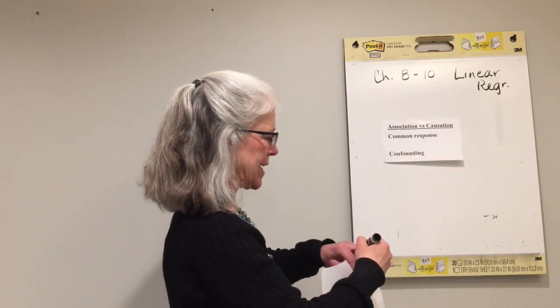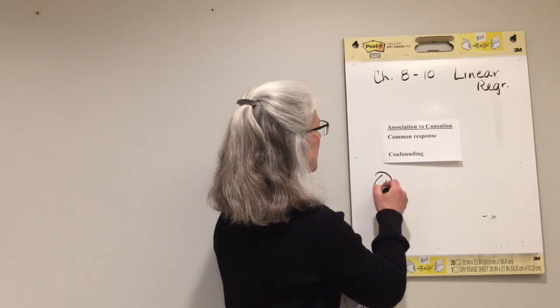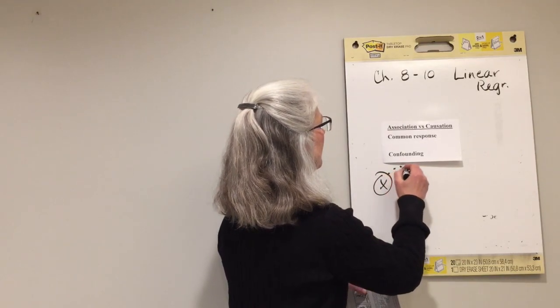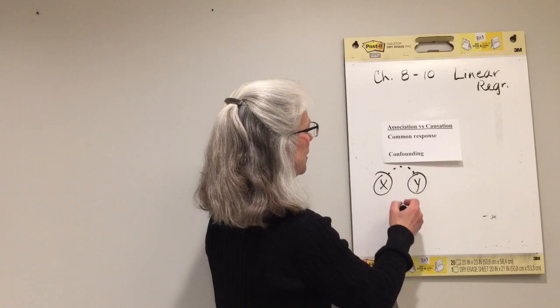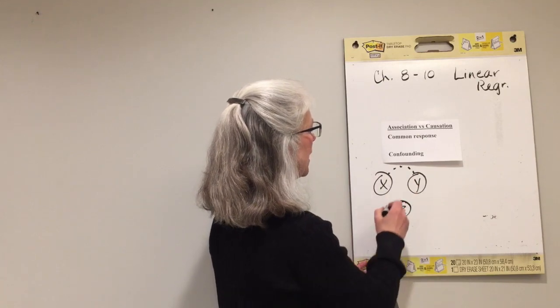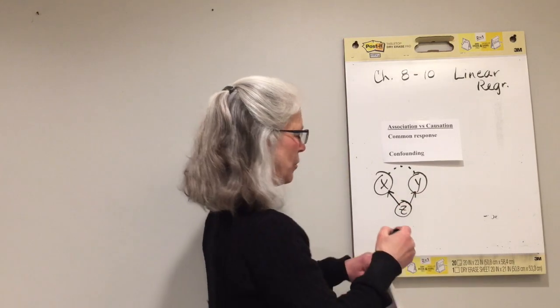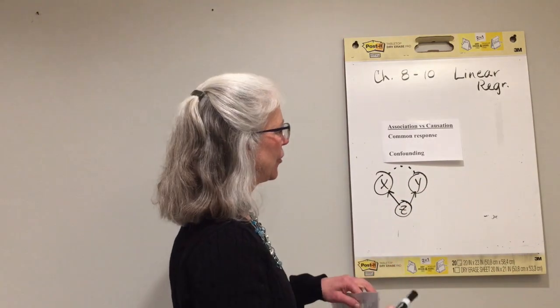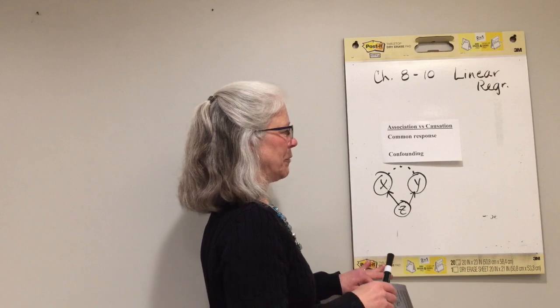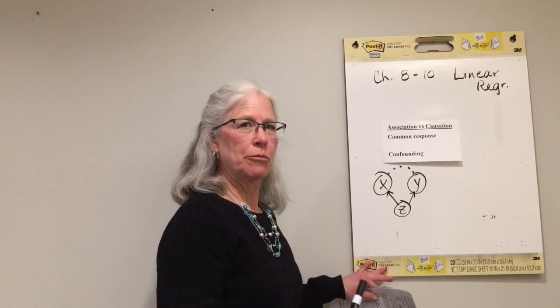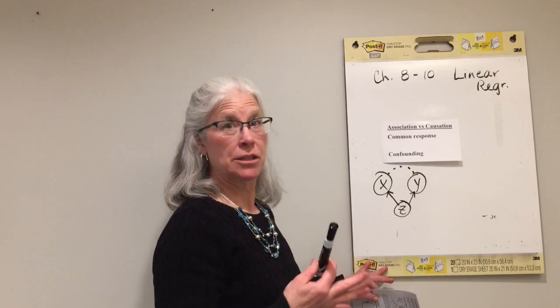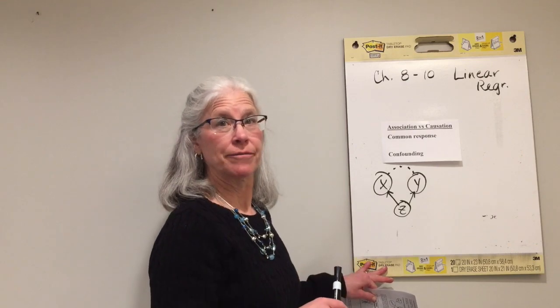One is common response. That's where, yes, two variables are related, so x and y are associated, but there's this variable z down here that is causing a change in x and causing a change in y. So my husband told me just yesterday that people with bigger ears have a lot more knowledge.